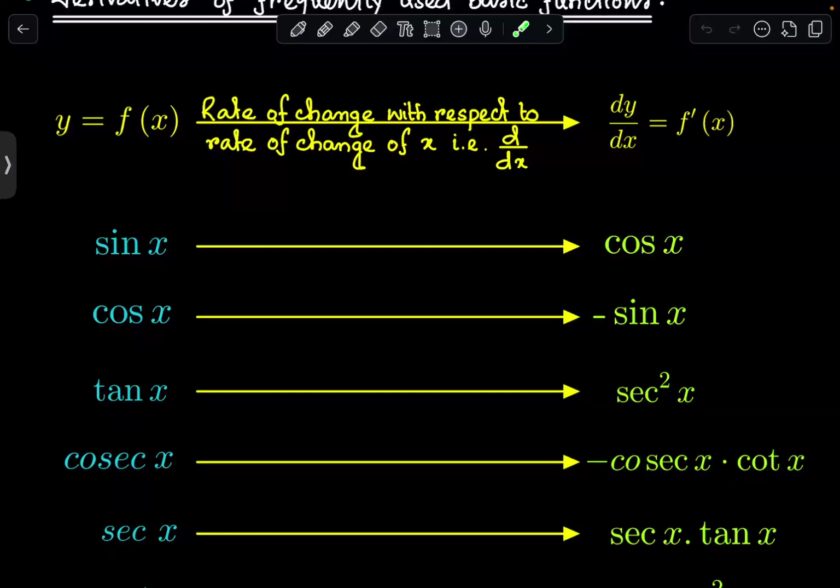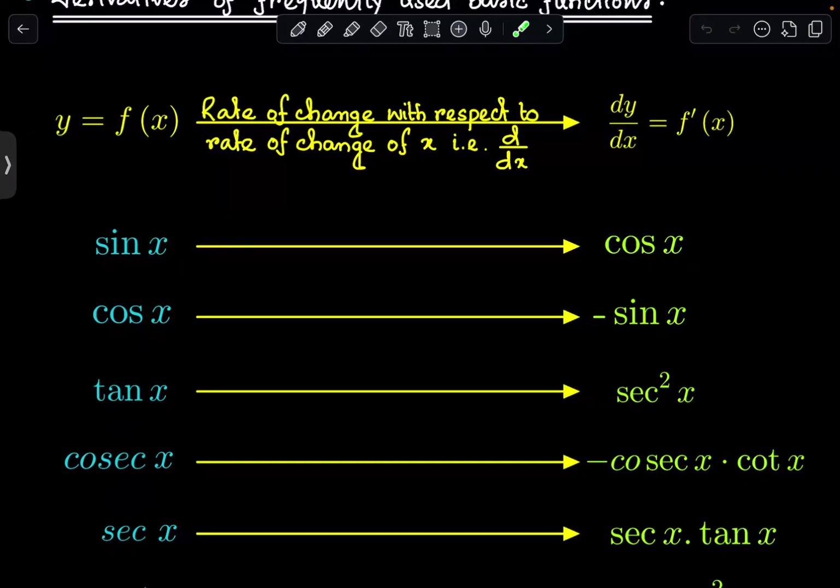If it were sine theta, then d by d theta would be cos theta. If it is sine of x square plus x, then the rate of change with respect to x square plus x will be cos of x square plus x.